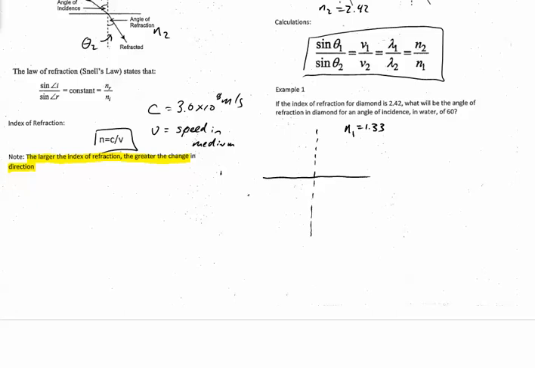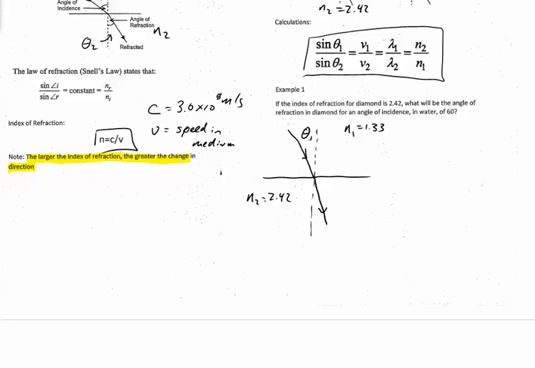So n2 is 2.42. So if we look at this, I'm going to draw my ray coming in. It's going to strike the boundary, and looking at this from our conception, it's going to be bending towards because it's going into something more dense. So it bends towards like that. Well, this is theta 1.